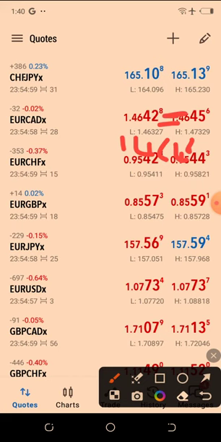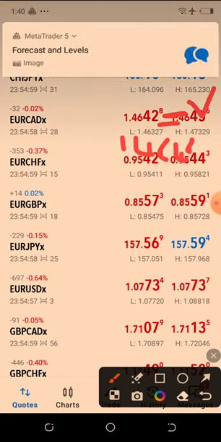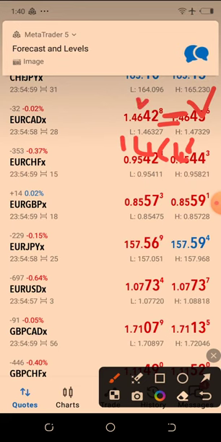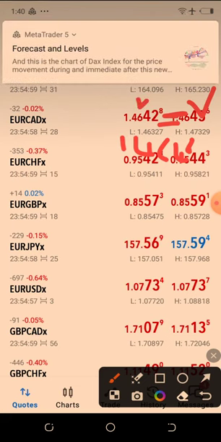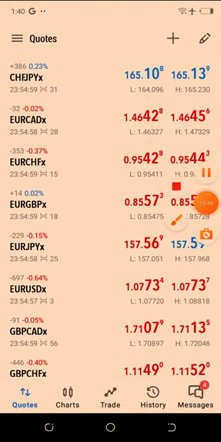If you want to buy from them, you'll be buying at this rate. If you want to sell to them, you'll be selling at this rate. Do you get it now? So that is what we call spread. Spread is the difference between the buy and sell price.